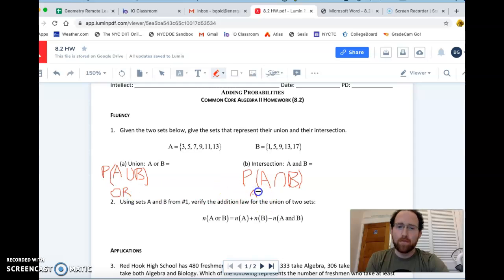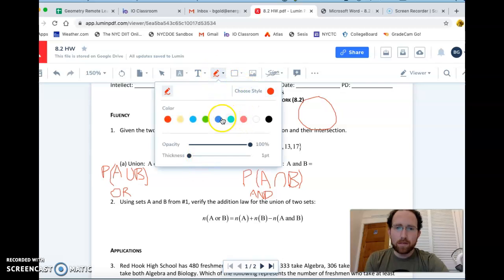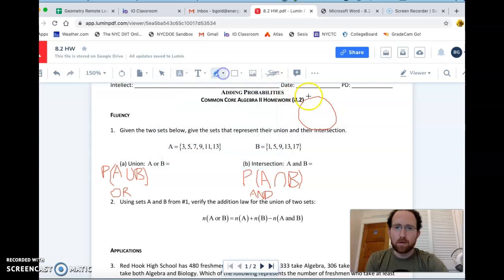First thing we'll do is draw a little Venn diagram over here. Let's try it a little bit bigger. I'm going to change the color and make the second circle, or weird egg shape.